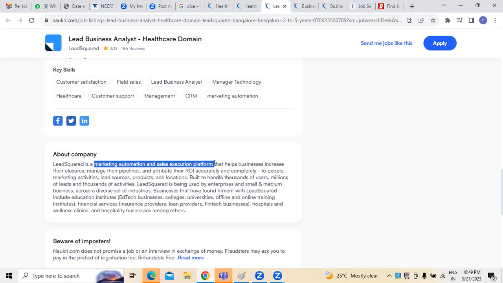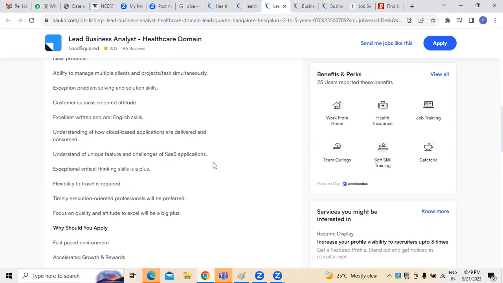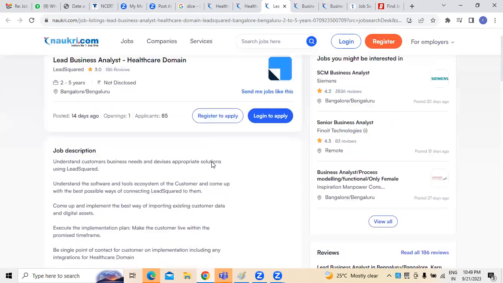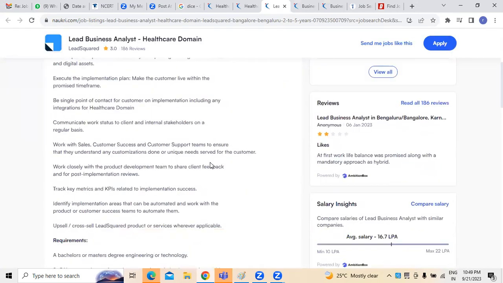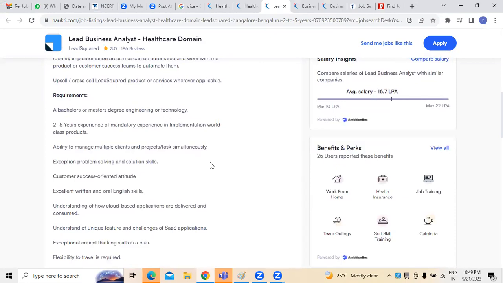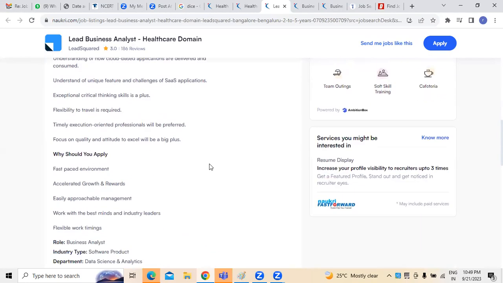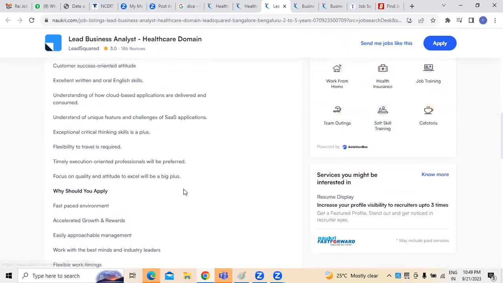So these people also require a business analyst in the healthcare domain. But what kind of skill sets have they mentioned here? They haven't mentioned anything relating to healthcare.